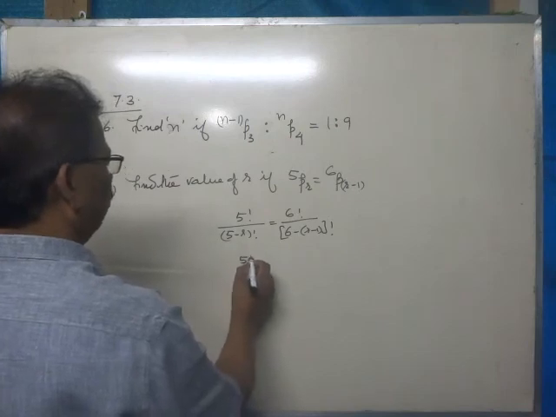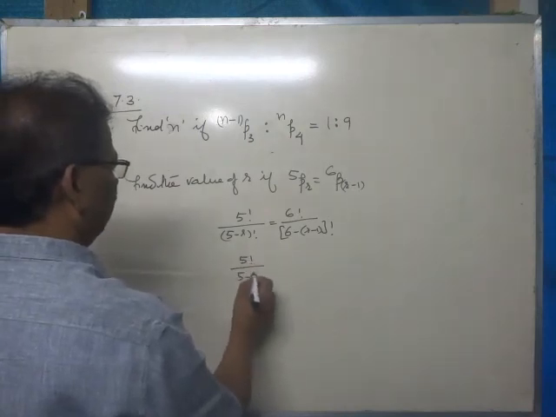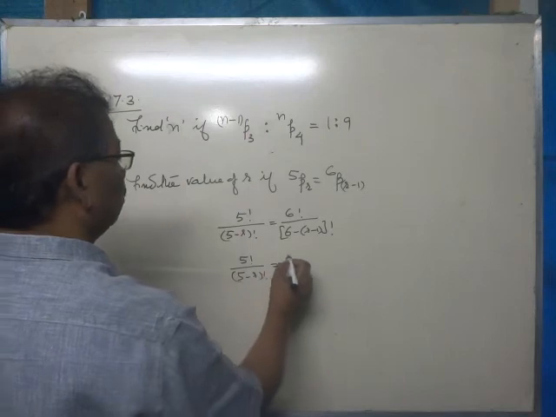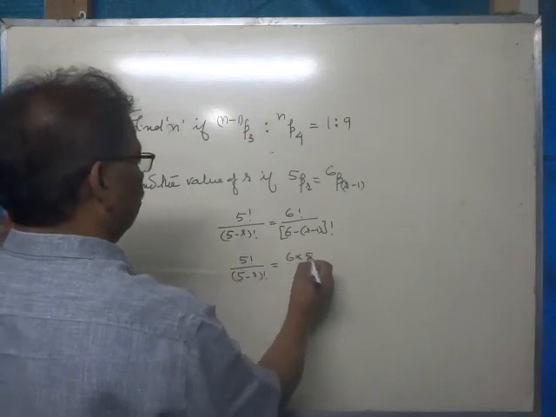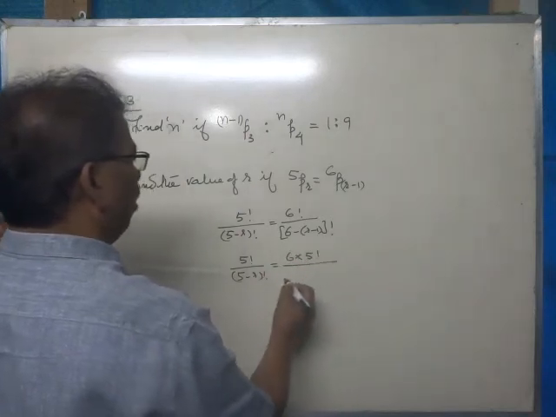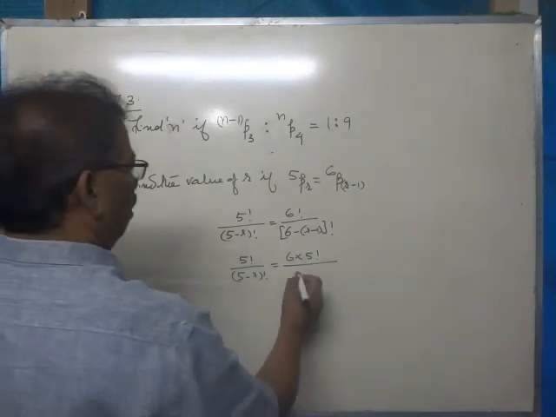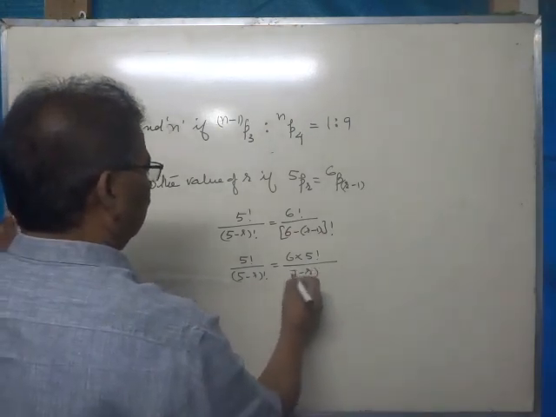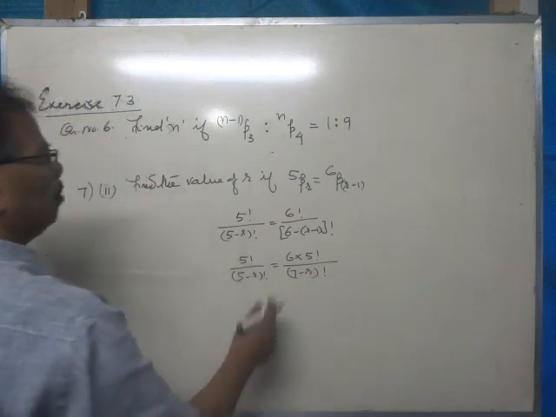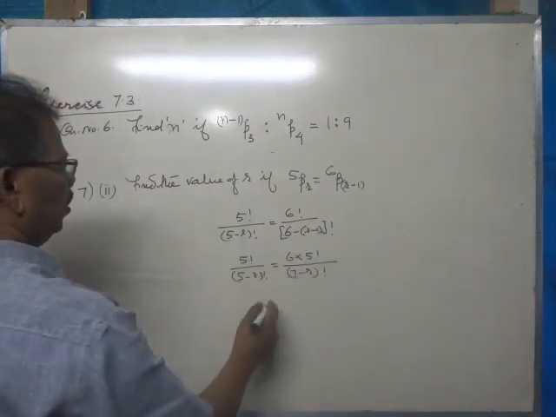That is 5!/(5−r)! is equal to 6 into 5! divided by (7−r) factorial. 6 minus minus 1 is 7, 7 minus r factorial.